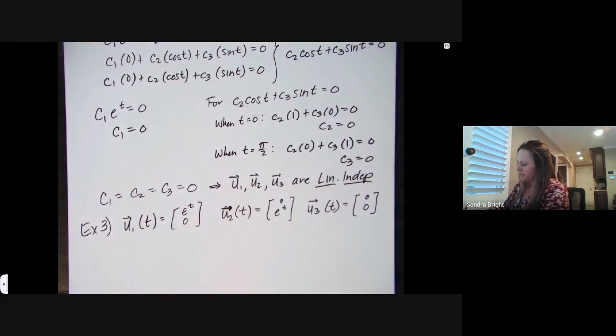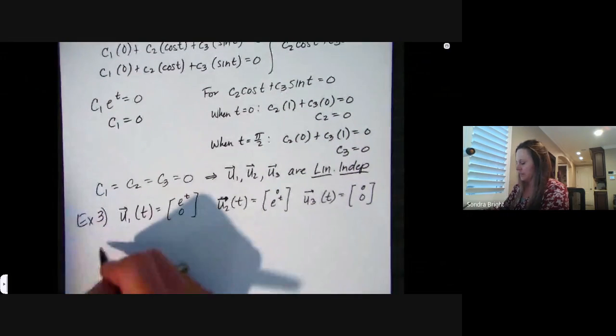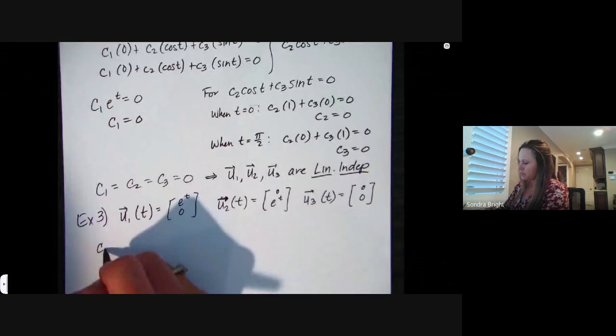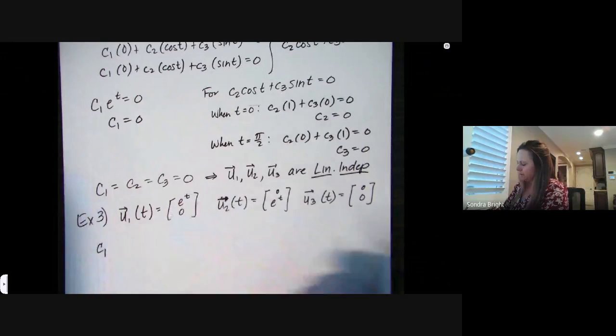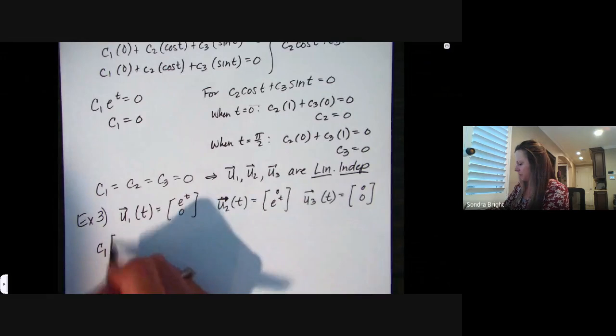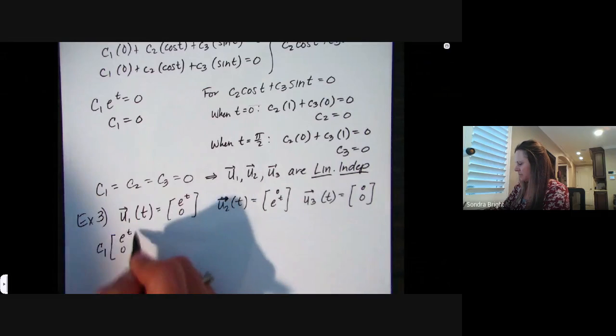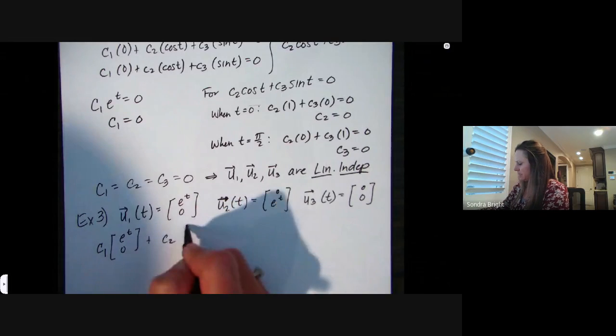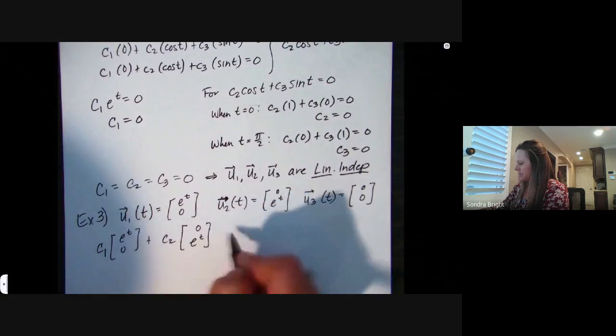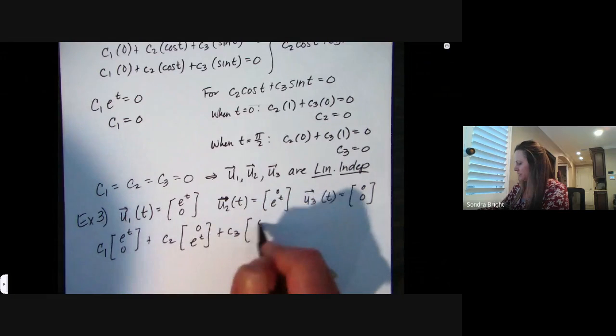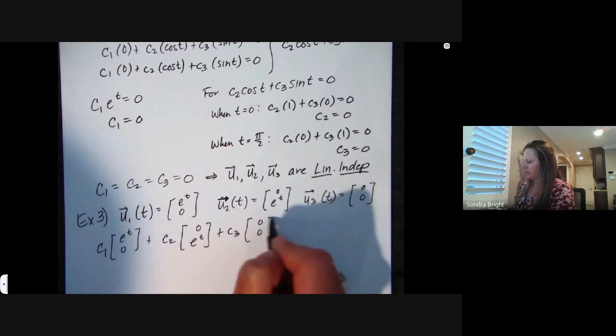All right, so we've got to do this by definition. This is not going to be a square matrix. So C1 times (e to the t, 0) plus C2 times (0, e to the t) plus C3 times (0, 0) must equal (0, 0). Check to see.